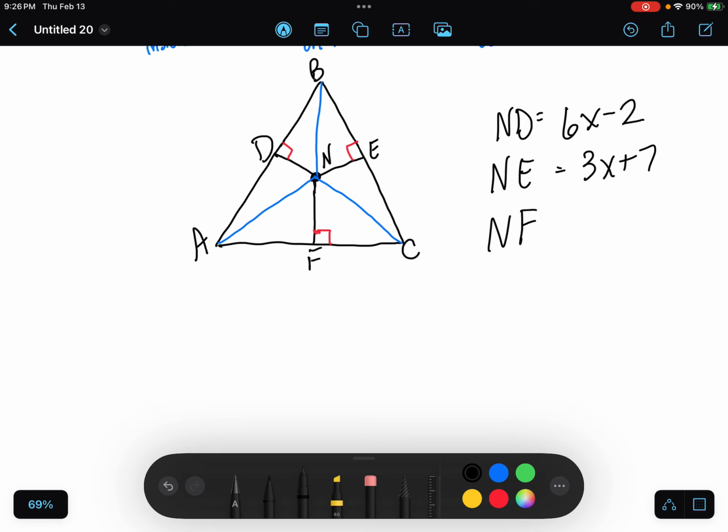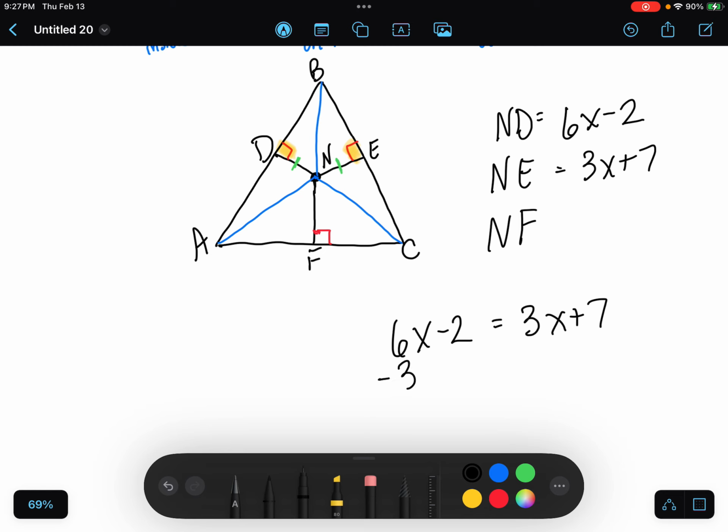So, how do I do that? Well, first of all, if these are perpendicular right here, then that means that's on the angle bisector, which means this is congruent to that. So that means that I can take ND, or 6x minus 2, and set it equal to 3x plus 7.